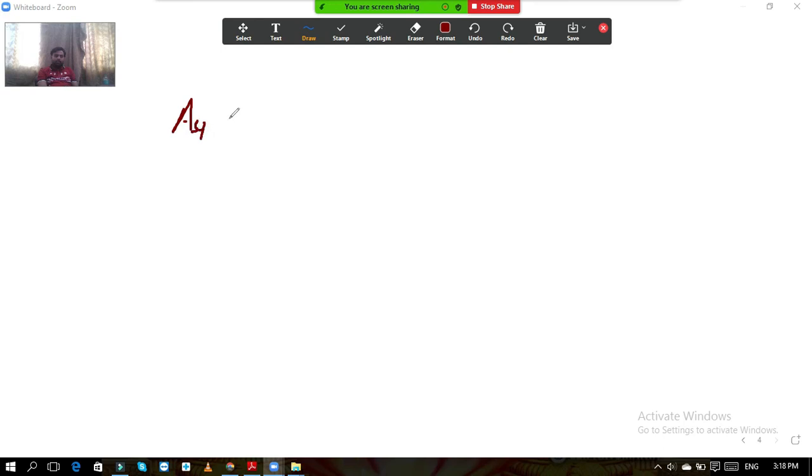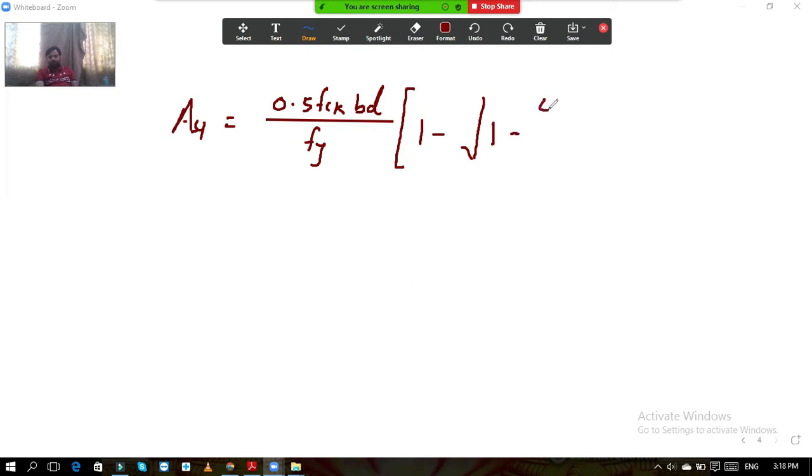AST is equal to 0.5 fck b d divided by fy, in bracket 1 minus under root 1 minus 4.6 Mu upon fck b d square.